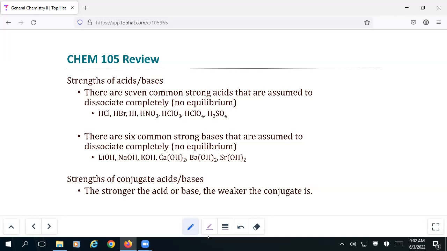If I drop a chloride ion in water, chances are pretty good it's not going to do anything to the pH of that water. Same thing with nitrate ion. Same thing with perchlorate ion. On the flip side, the conjugate acids of these hydroxides are actually the metal ions themselves.